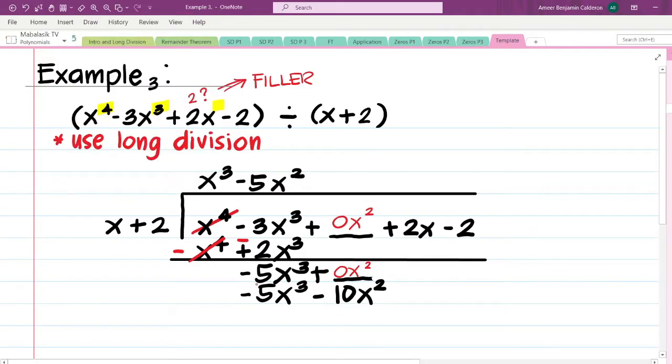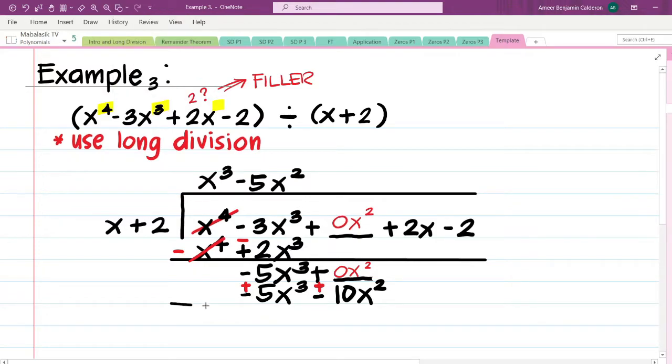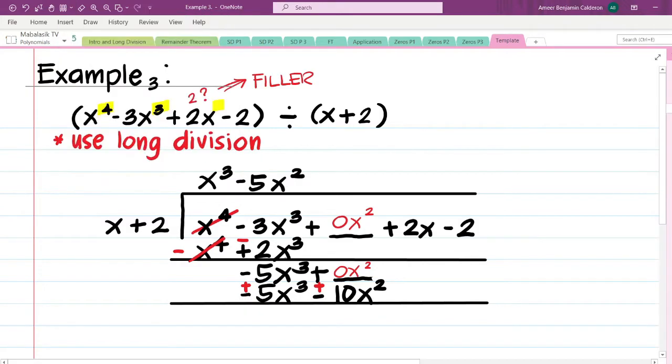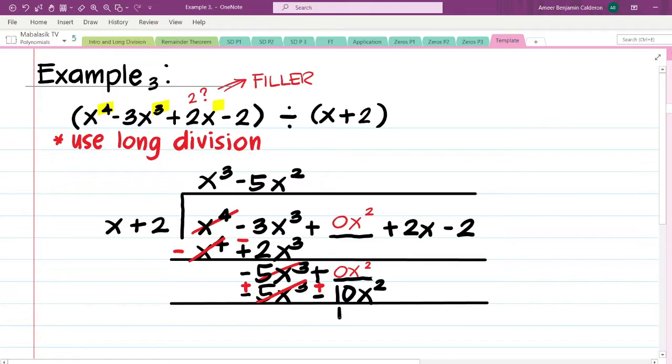And then we change the signs. So this is a negative, this will become positive. This is a negative, this will also become positive. And then we add. So if we are going to add, we will have cancelable terms here. And now we have here 10x squared.